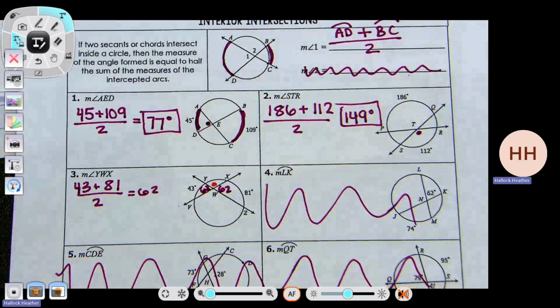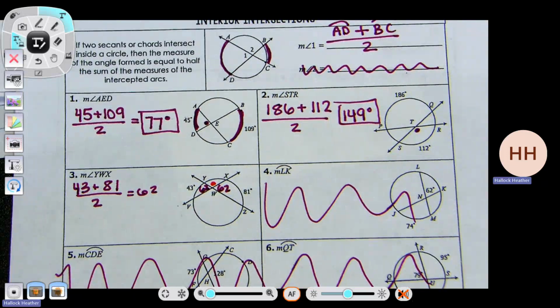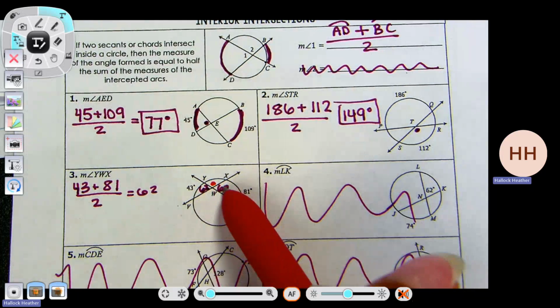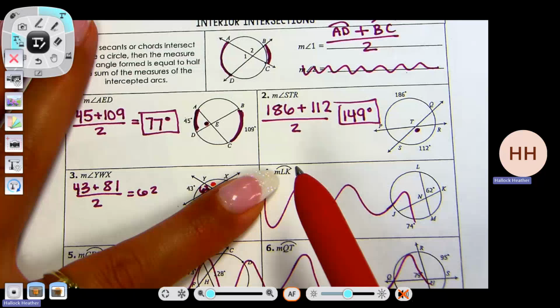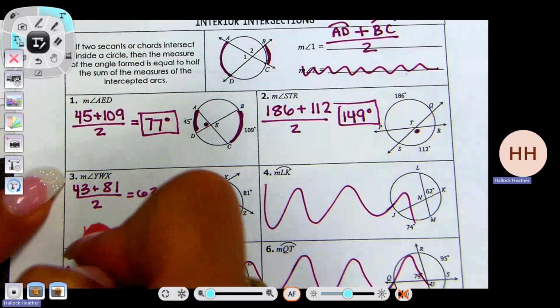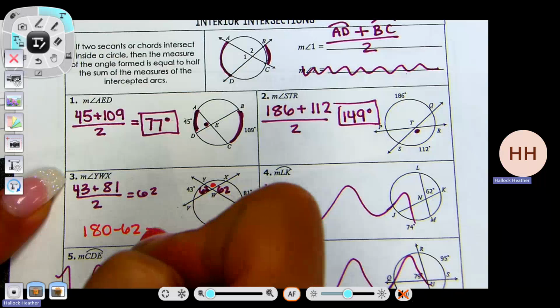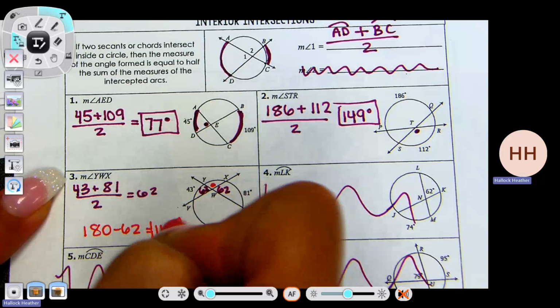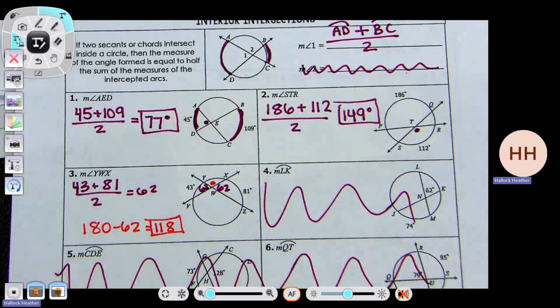So how do I find the angle next to 62? Subtract from 180 because it's a straight line. So technically these two are a linear pair because they form a straight line, so we add to make 180. If I take 180 minus 62, what do I get? 118.